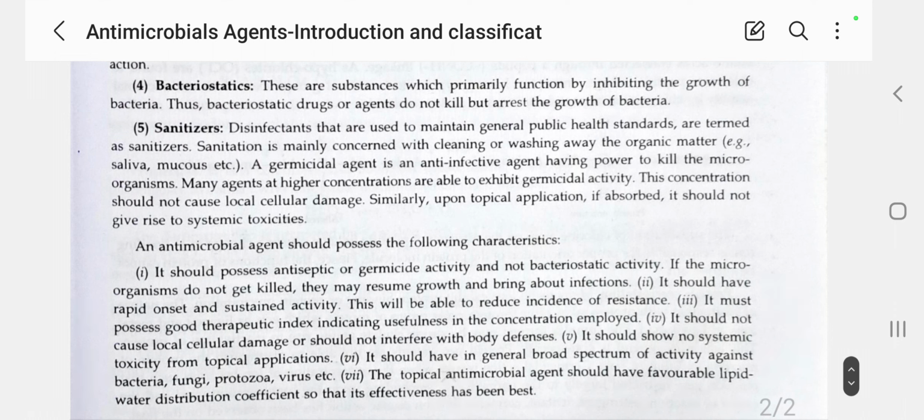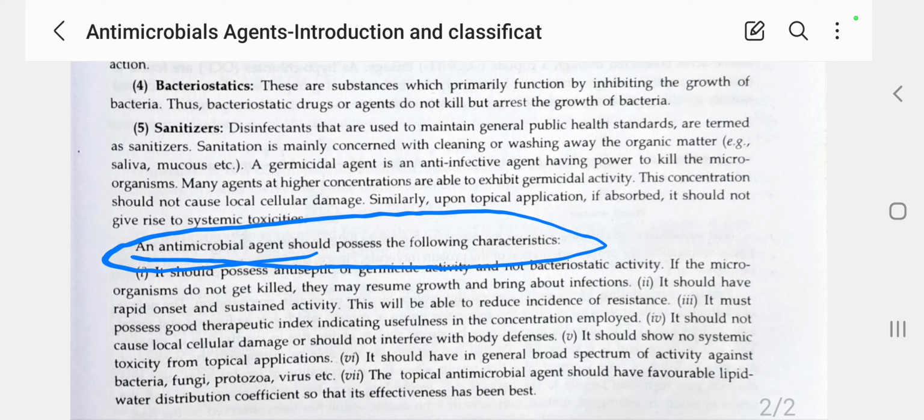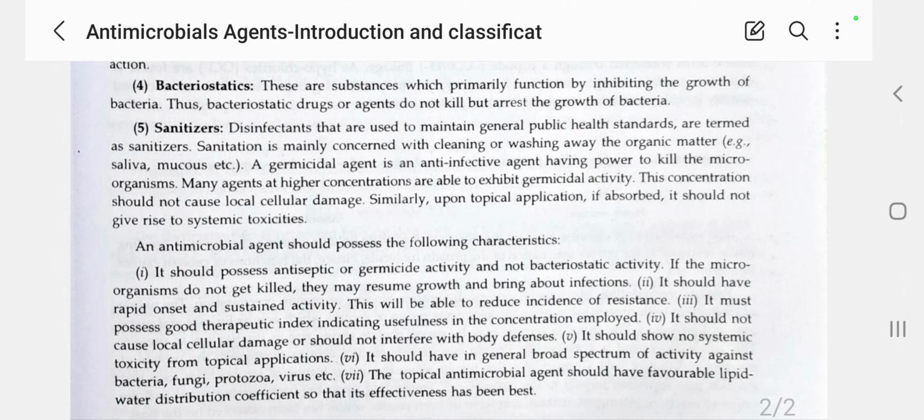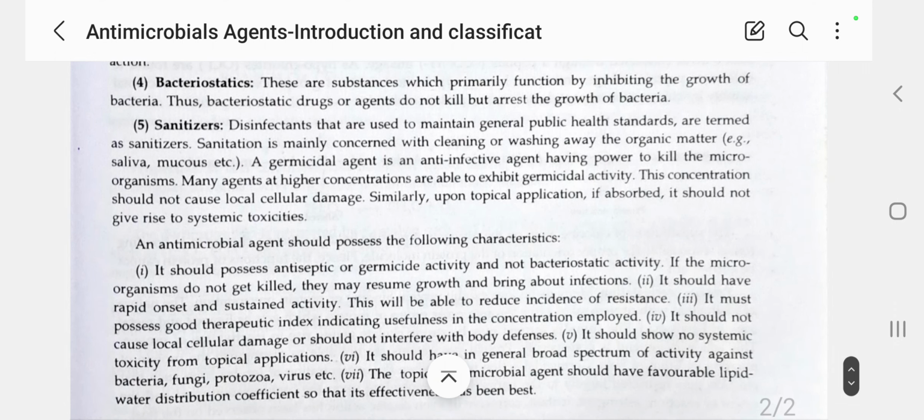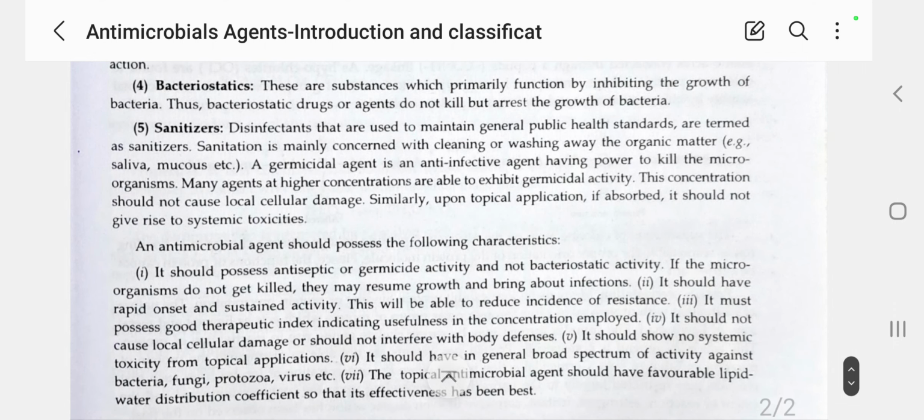Overall, an antimicrobial agent should possess the following characteristics. It should possess antiseptic or germicidal activity and not merely bacteriostatic activity. If the microorganisms do not get killed, they may resume growth and bring about infection.